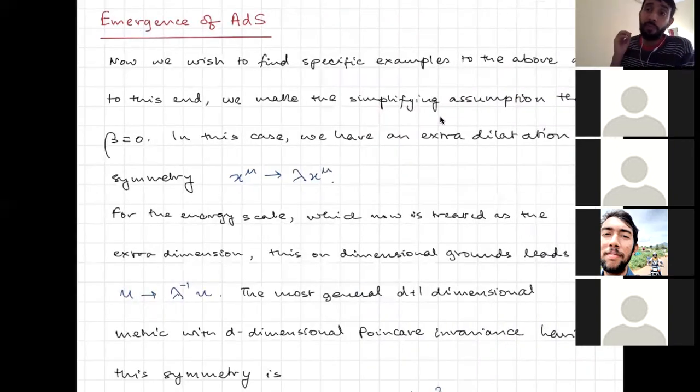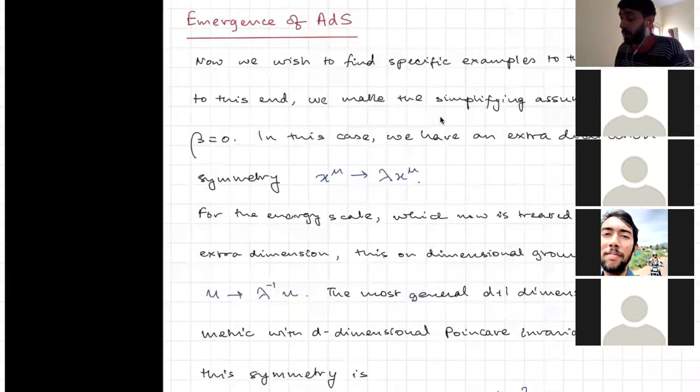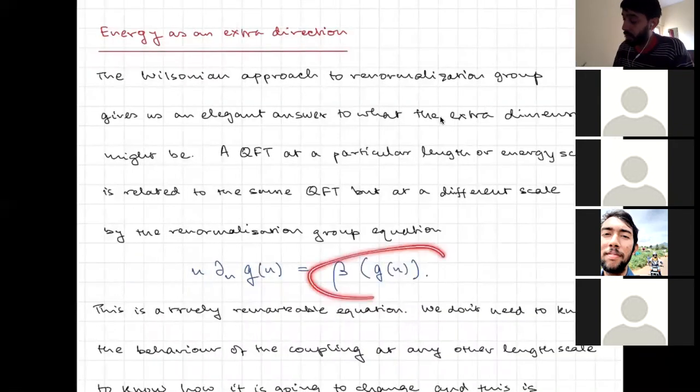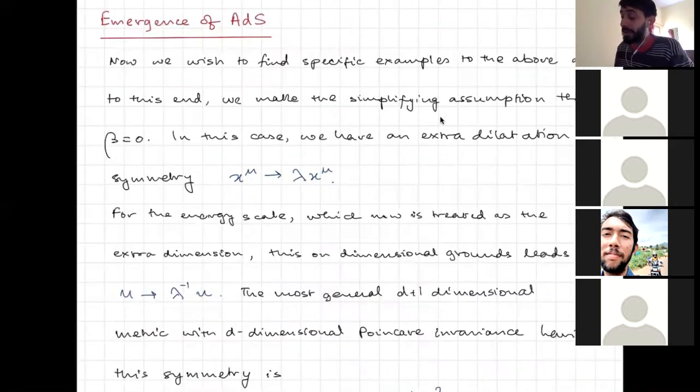Now you want to find specific examples of what this could be, and to this end, let's make our equation simple and put this guy equal to 0. If we put this guy equal to 0, in that case we have an extra symmetry, as you guys have learned. So x mu going to lambda x mu.